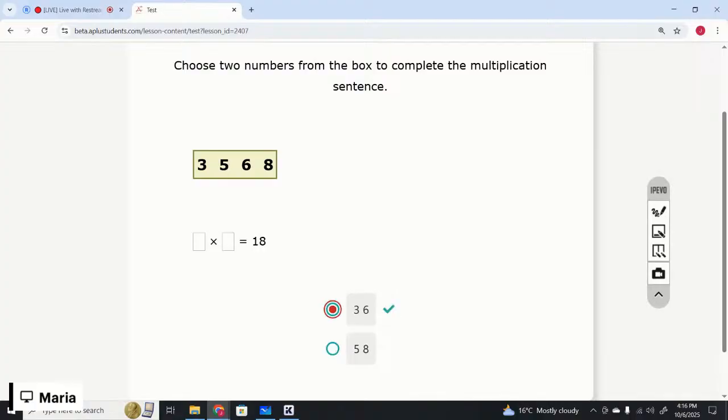Option number 1 is the correct option. That is 5 times 3 is 15. The correct option is 5 and 3. Option number 1 is the correct option.